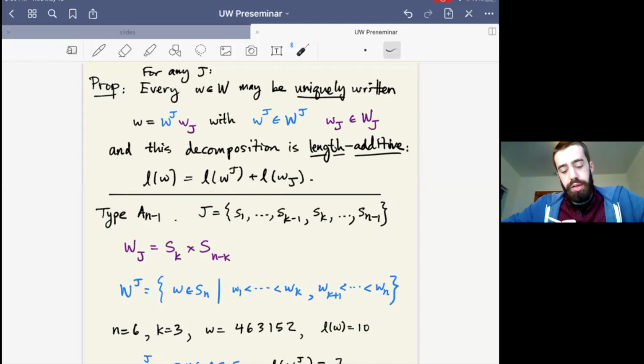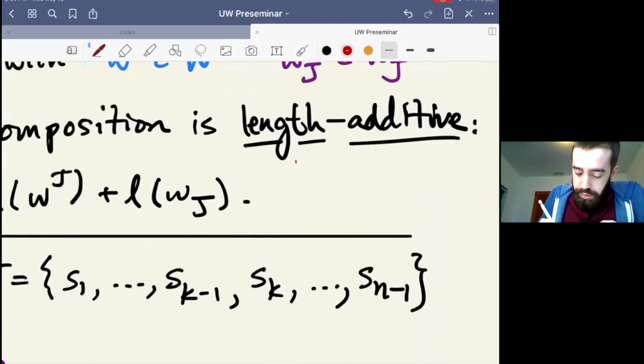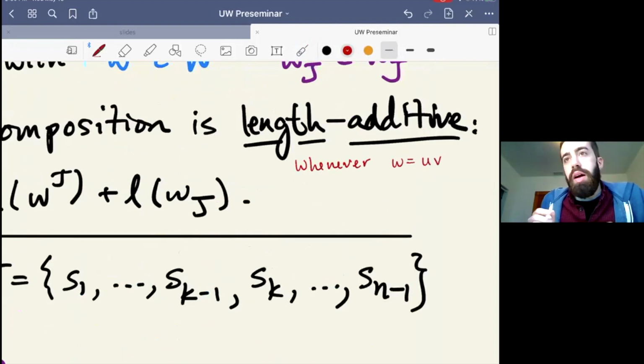What's interesting is that this decomposition is length additive. So the length of the element I started with is the sum of the lengths of these two pieces that I've broken it into. Just as a note, whenever I write w as a product, I definitely have length of w is at most the sum of the lengths.